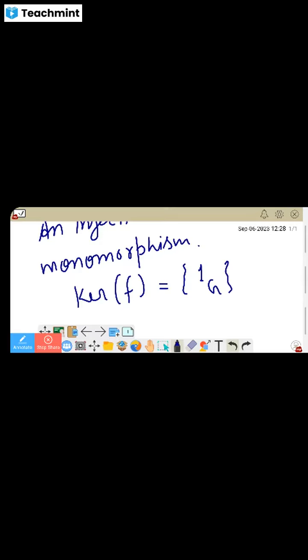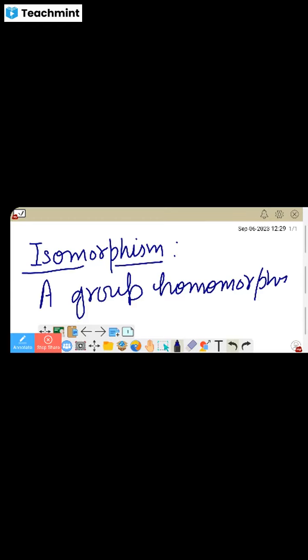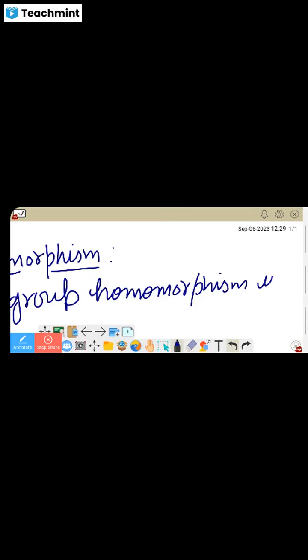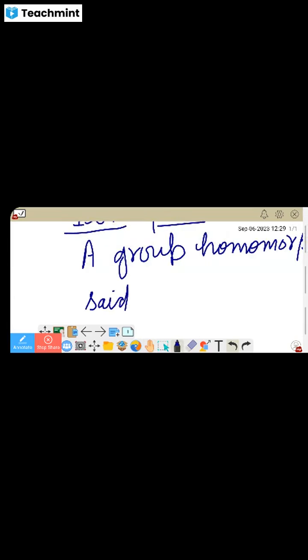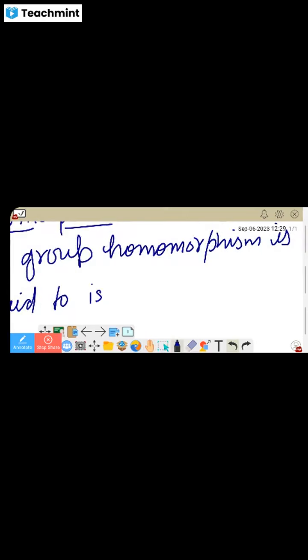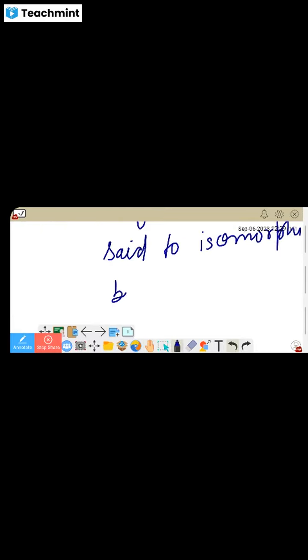And next, let's do isomorphism. A group homomorphism is said to be isomorphism if it is bijective.